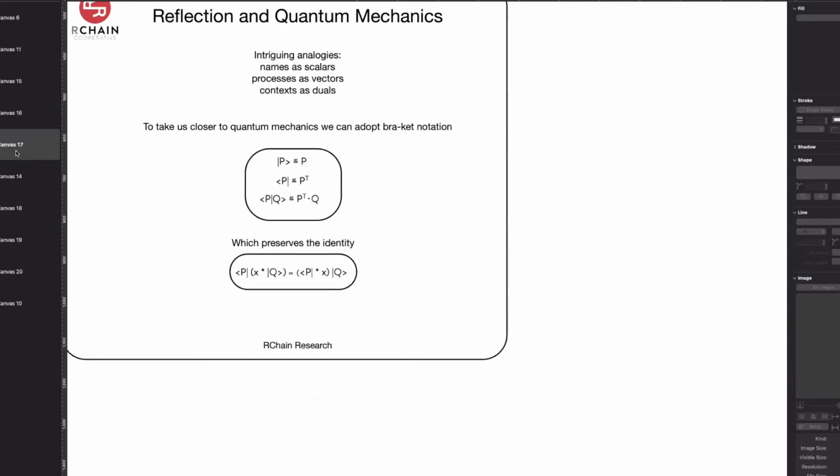So we can extend this now to quantum mechanics in the natural way, right? This is exactly the sort of definitions that we would want, and these definitions preserve the identities that we would expect to preserve.